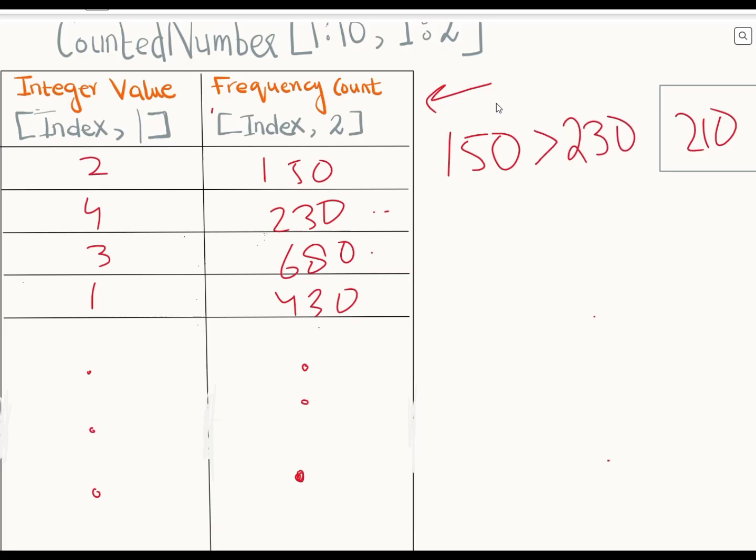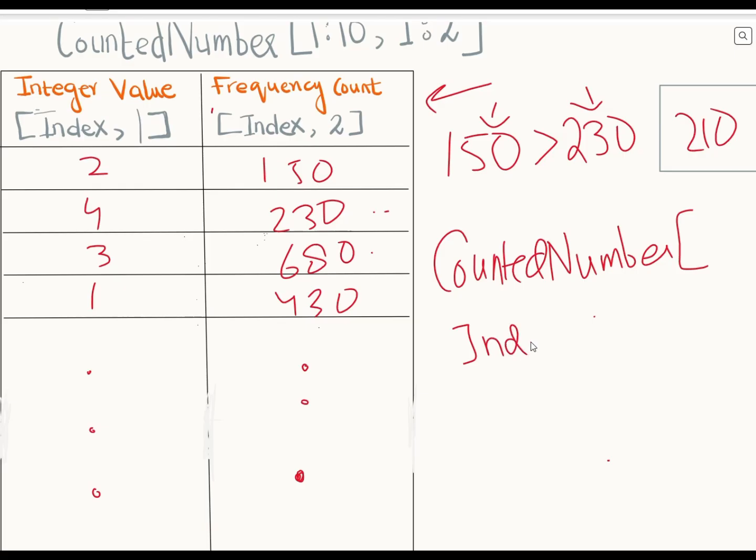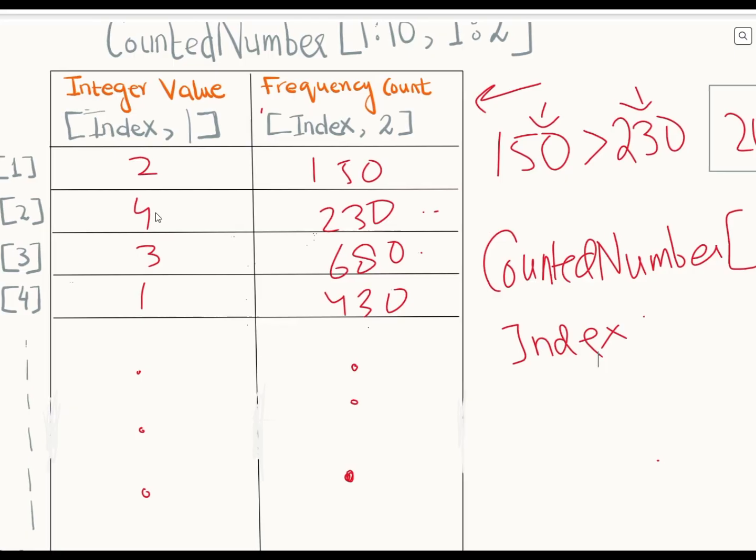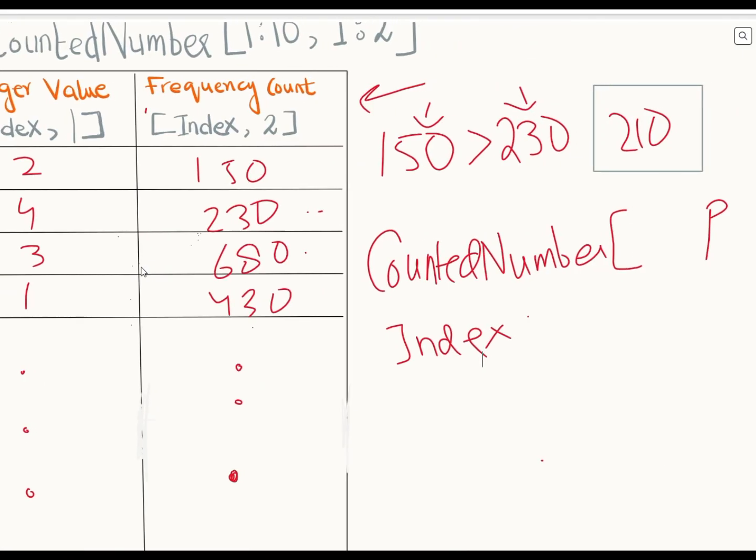How would I access 150 and 230 in pseudocode form? So I'm going to call the array name, which is counted number, index. Index is basically going to keep track of these values 1, 2, 3, and then it's going to increment.